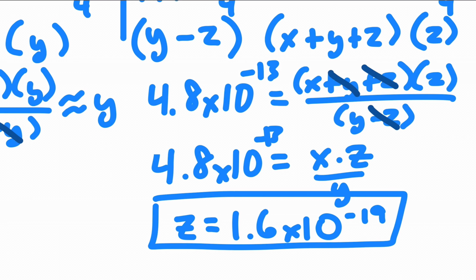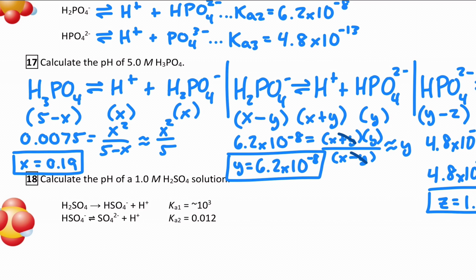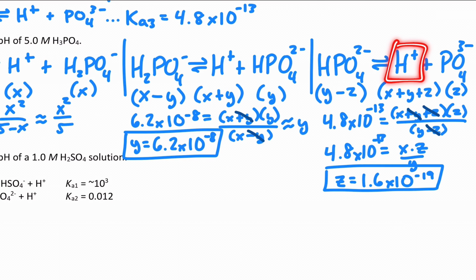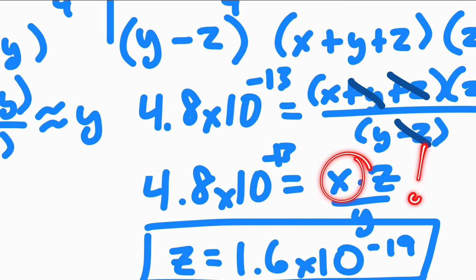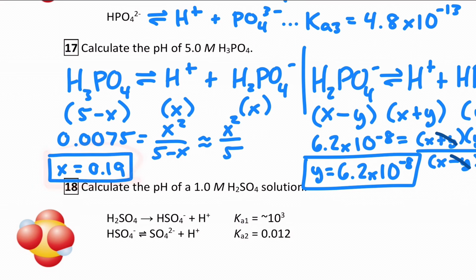So what's our H plus concentration? Because we want a pH. So all of this we have to put together. Well, H plus is actually equal to the sum of x plus y plus z. Wait a minute. We just said that x plus y plus z just simplifies to x. So even though we calculated those other variables, all we really needed for this example was the first dissociation.